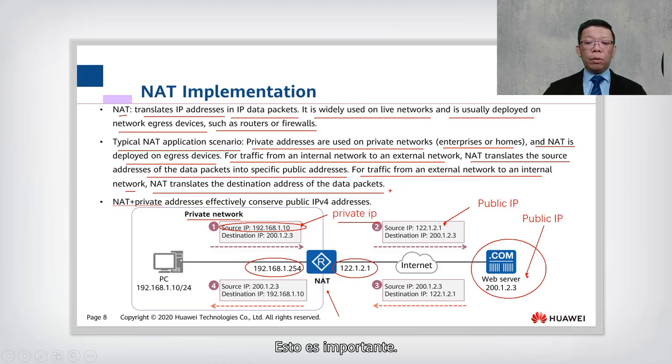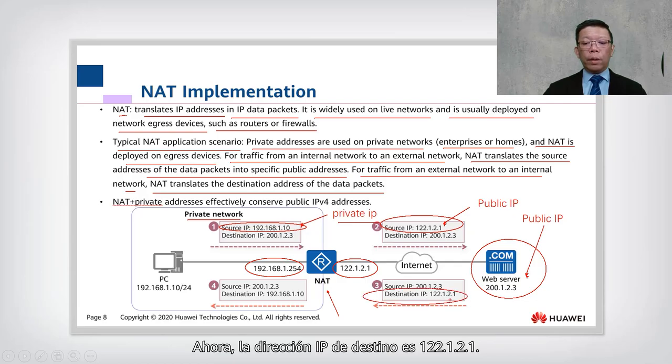Now this is important. As you can see, just now we were translating the source from private to public. Now look here, the destination is 122.2.1. It goes to NAT, and you notice over here the destination has been translated back into the private IP address.